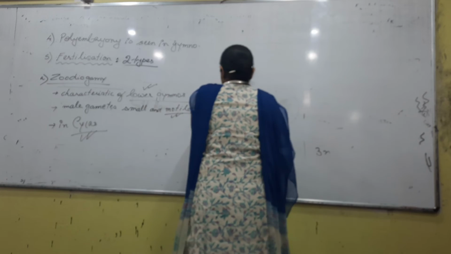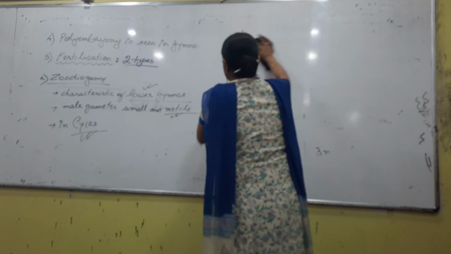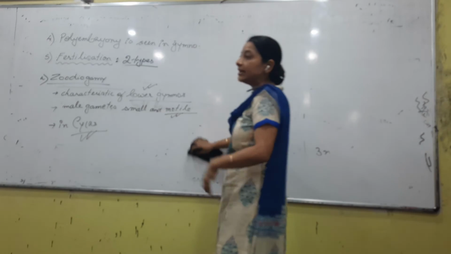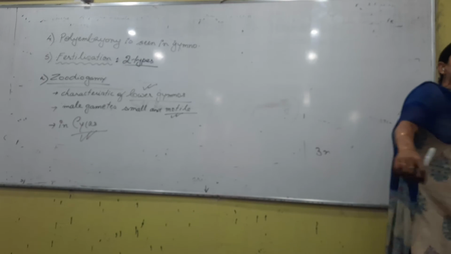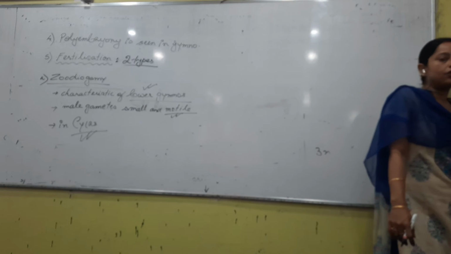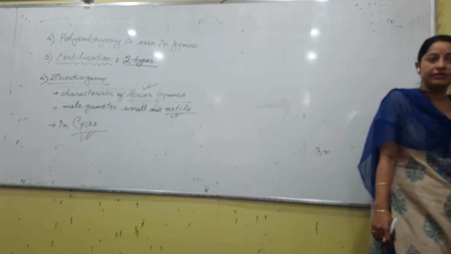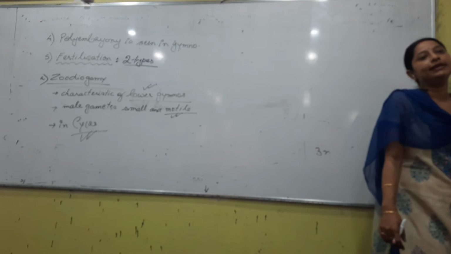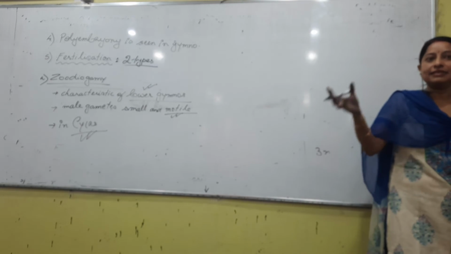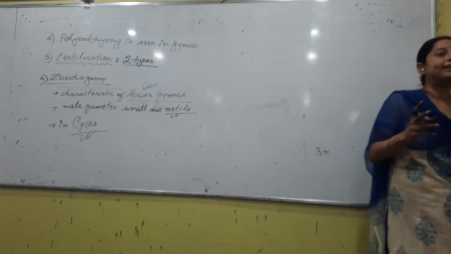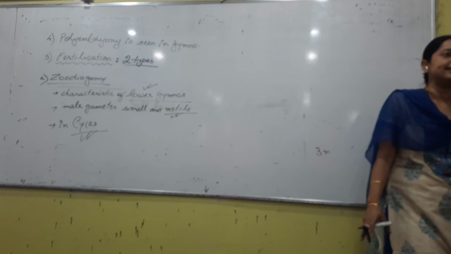Apart from that, we will discuss cycas later. Cycas will have several fern-like characters. Fern-like characters means you have to talk about the rhizome, the frond, the ramenta, and the coiling. These points together with the male gametes. If a plant has all of these, we say that plant is considered a fern.